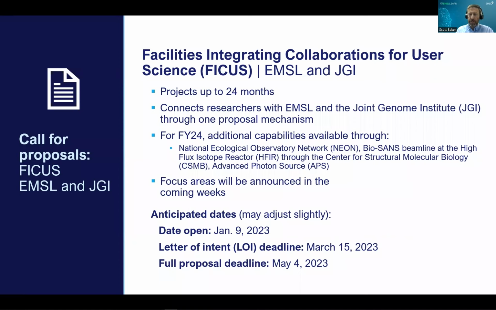So these can all be accessed through the FICUS mechanism. So it's not only EMSL and JGI, but these other user facilities. It's been really exciting to see the proposals that come in here, and the focus areas will be coming out in the next few weeks. It opens January 9th, with a letter of intent due in March and a full proposal in May.